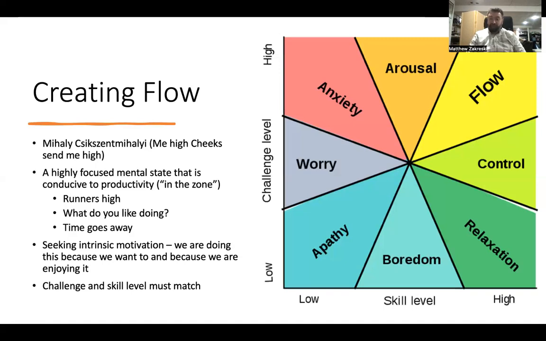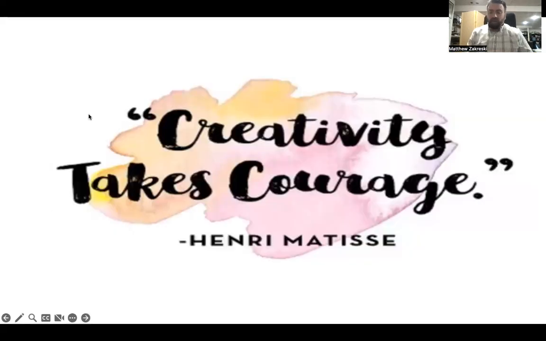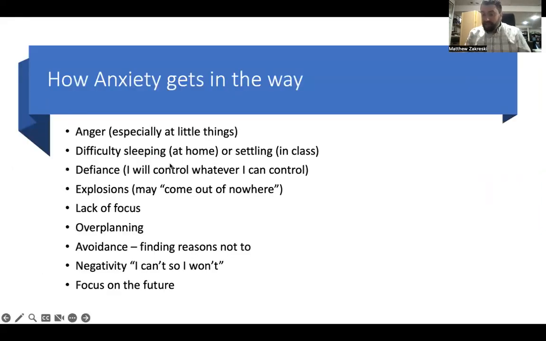So if you have a kid who's stuck, who's not doing what we want to do in class or in soccer or in the arts or whatever, they may not be in a flow state. We may have to reset the scale on skill and challenge. Ultimately, creativity takes courage. And there are lots of reasons for kids to not be courageous, to be anxious.